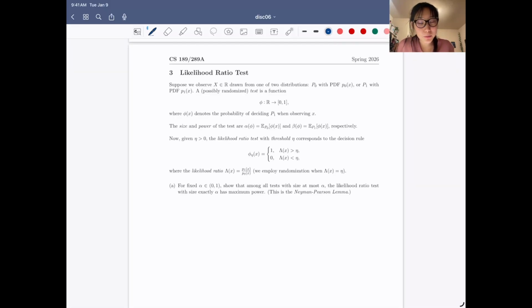In problem 3, we're going to be talking about the likelihood ratio test. Before we get into the actual problem, I'm going to give you some quick motivation over why the likelihood ratio test is something nice to learn and why this problem is helpful.